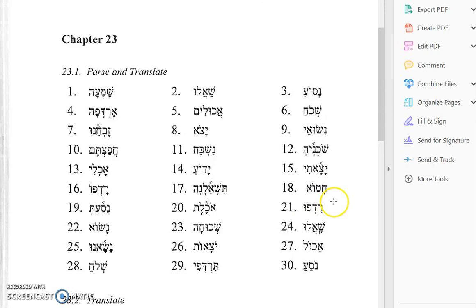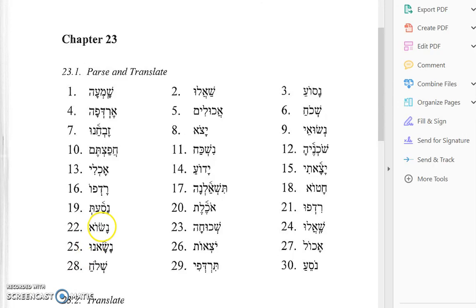And then hato, qamets, holem vav, that's an infinitive absolute of chata, to sin. And so that has to do with sinning. Again, depending on what it follows, if you had a finite verb with chato, it could mean surely sinning, or it could mean continually sinning, but it is an infinitive absolute. And then nasat, I should say, that's from nasa, to get up or travel.